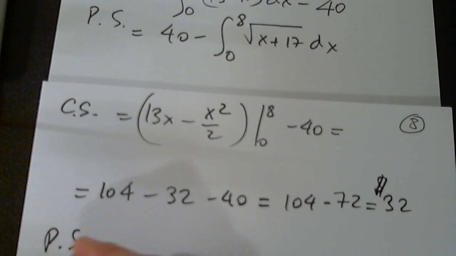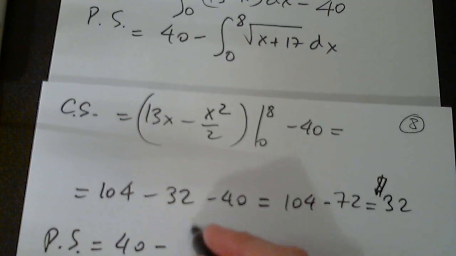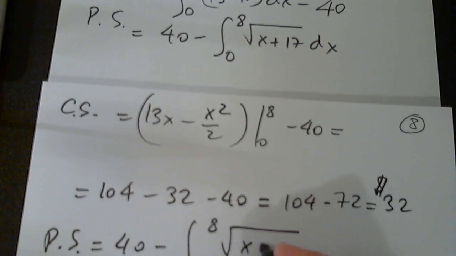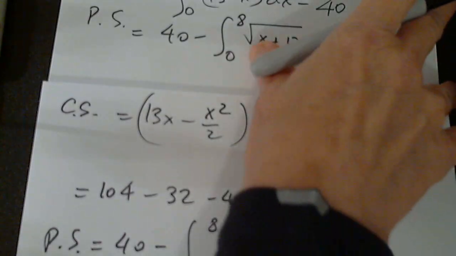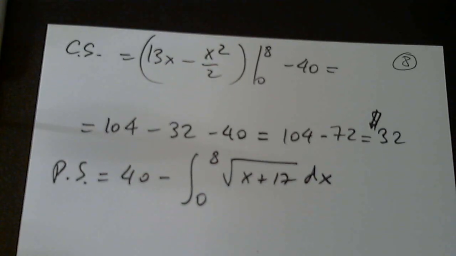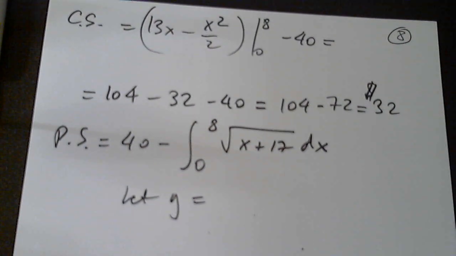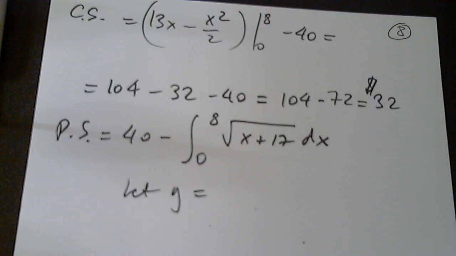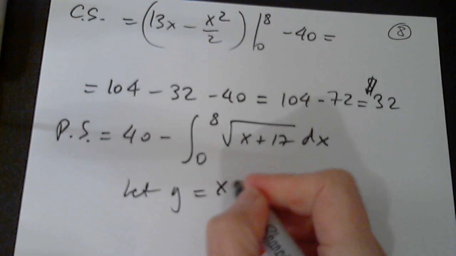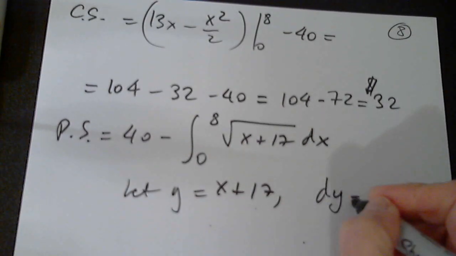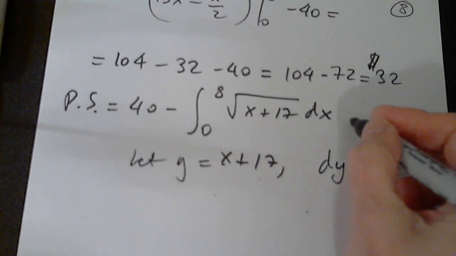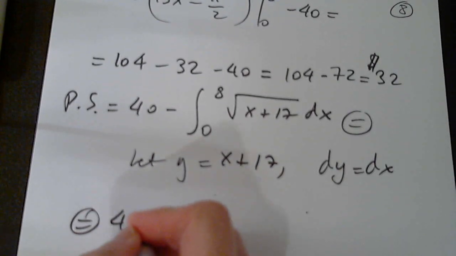Now the producer surplus is 40 minus the integral from 0 to 8 from the square root of x plus 17 dx. Like before, we need to use a substitution here. So let y be, anybody? X plus 17. Very good. Indeed, thank you very much. So luckily dy equals dx. Do not copy the limits of integration, please.